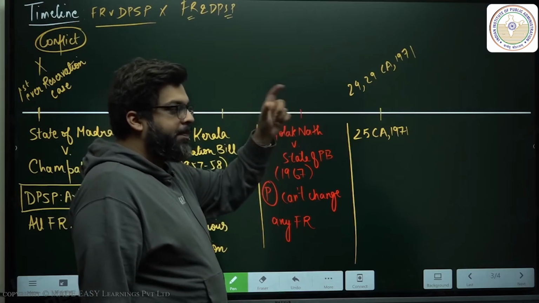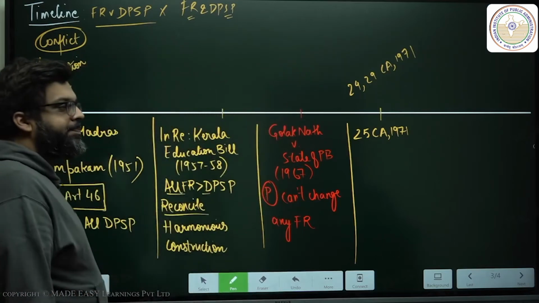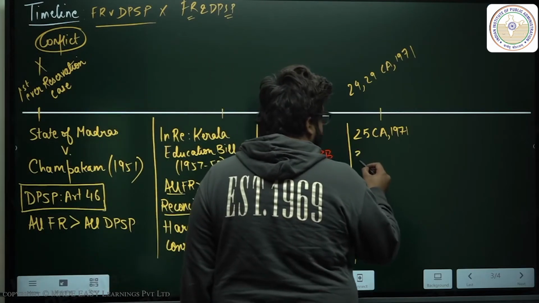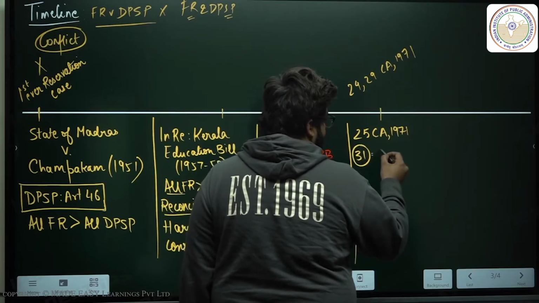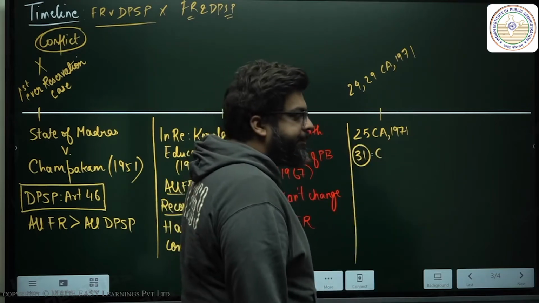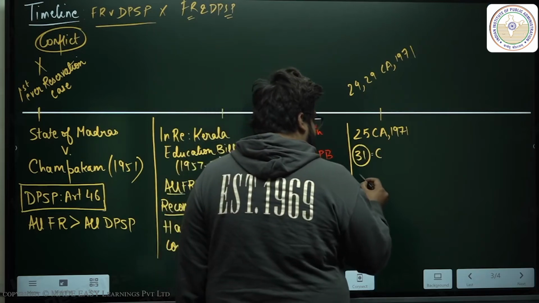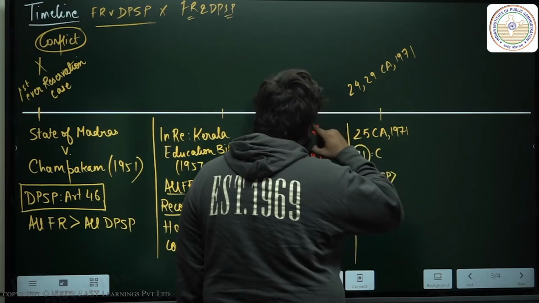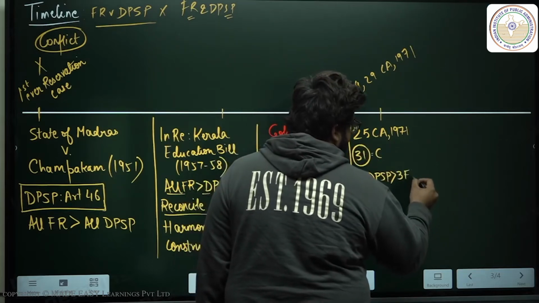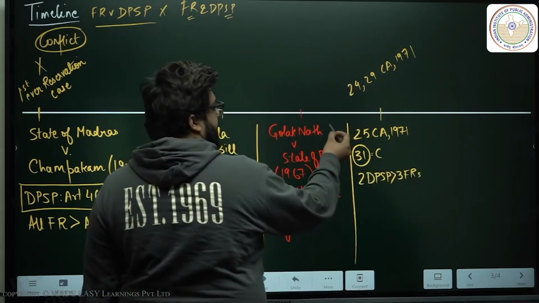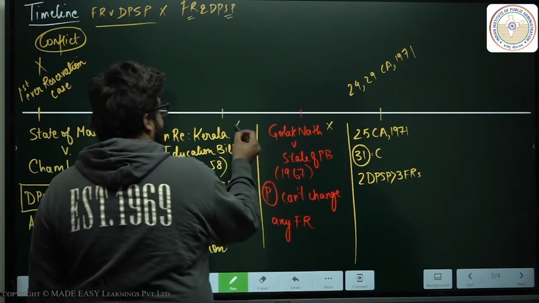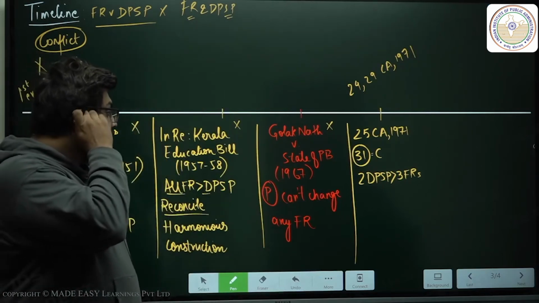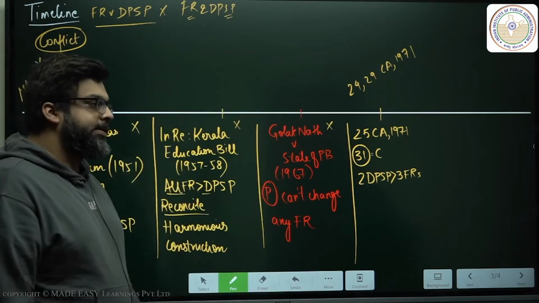They added one more part called Article 31C, and they said, two directive principles of state policy are going to be superior to three fundamental rights. Trying to counter Golaknath, trying to counter Kerala education, trying to counter what is called your State of Madras.